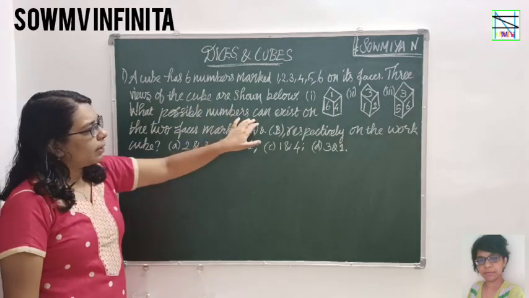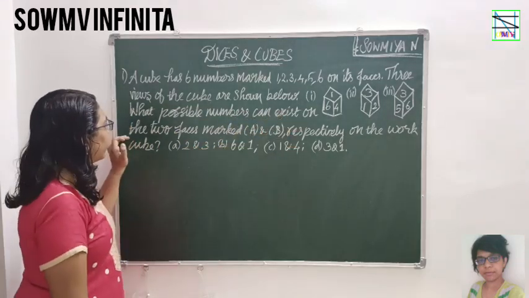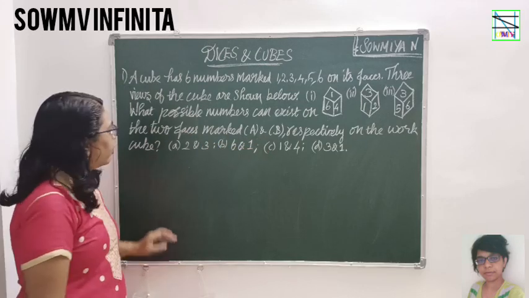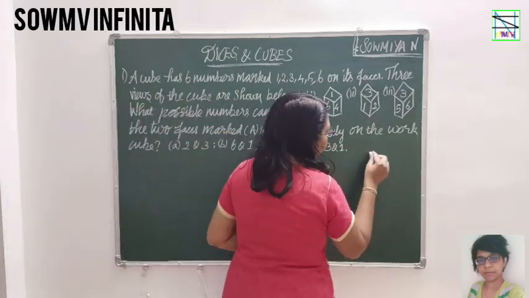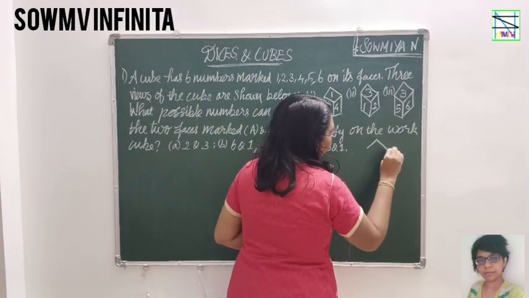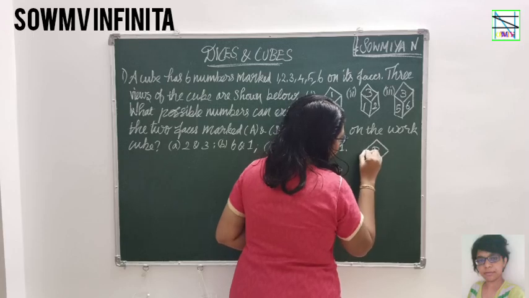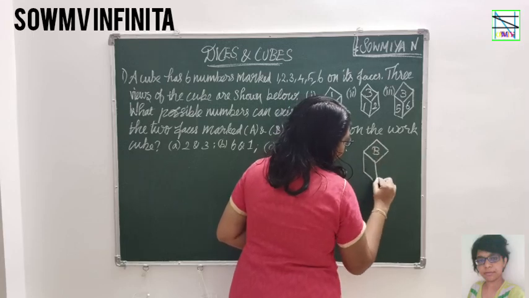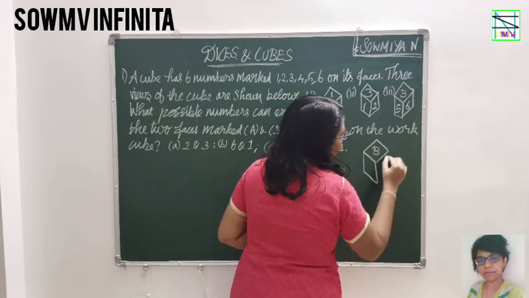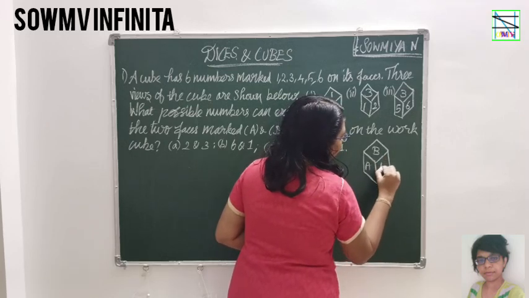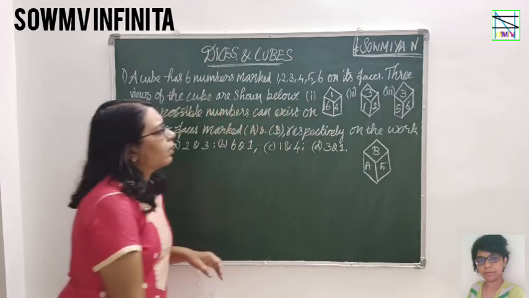What possible numbers can exist on the two faces marked A and B? Here is B and here is A and this is 5.